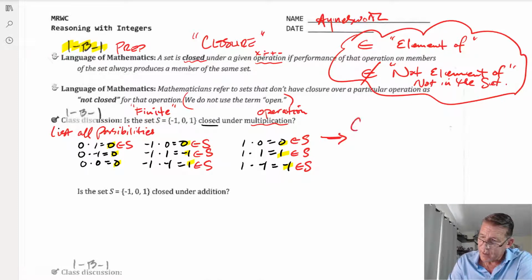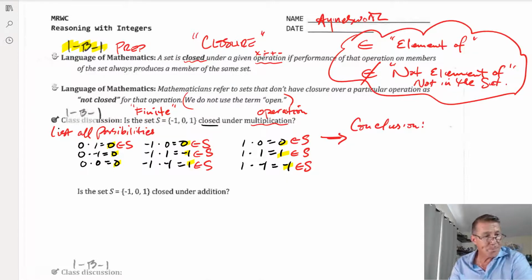So here's my conclusion right now. In fact, let's write that down. Conclusion.